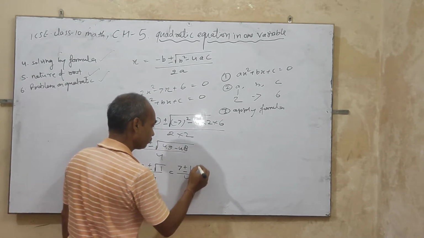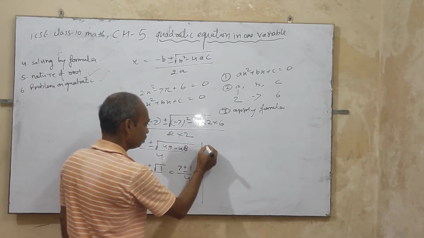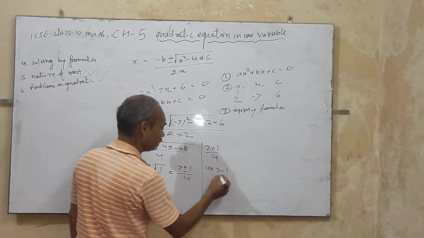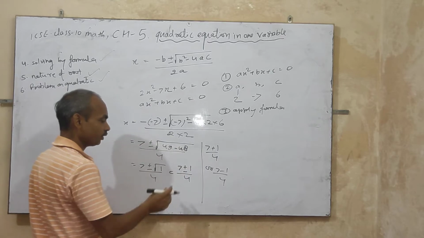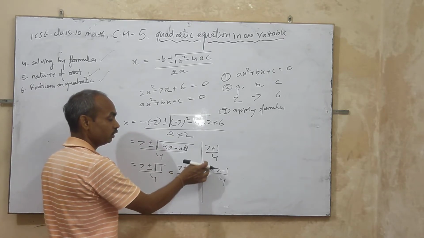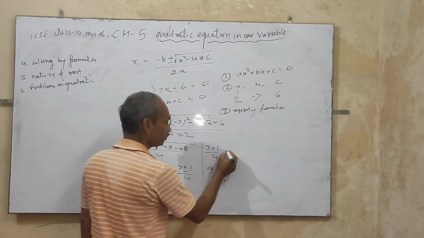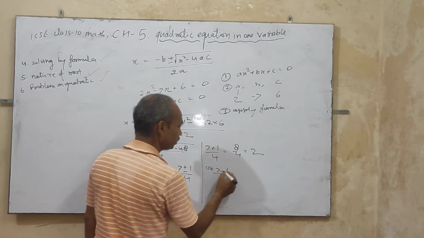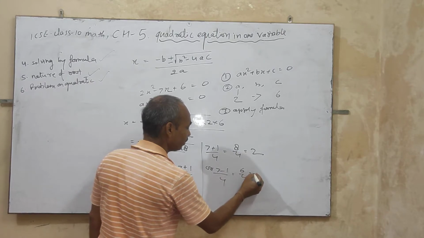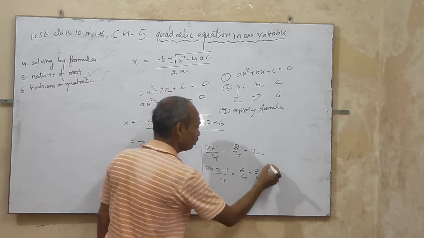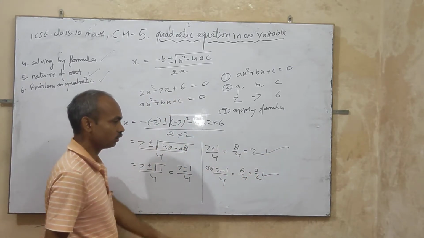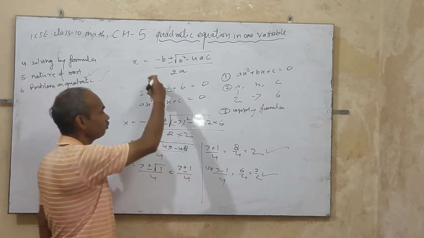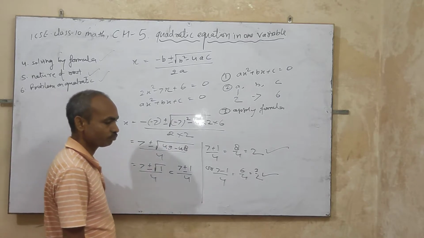Now separate the plus and minus signs into two different parts: 7 plus 1 is 8, upon 4, is equal to 2. 7 minus 1 is 6, upon 4, is 3 upon 2. There are two solutions, 2 or 3 upon 2, of this quadratic equation.